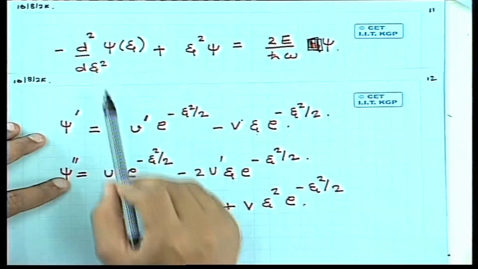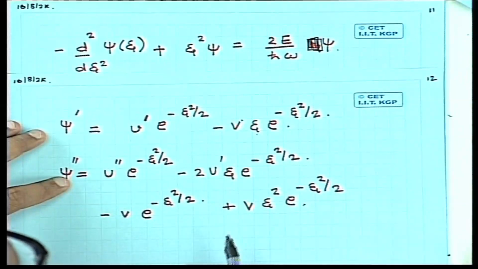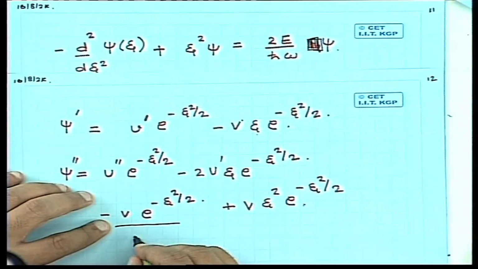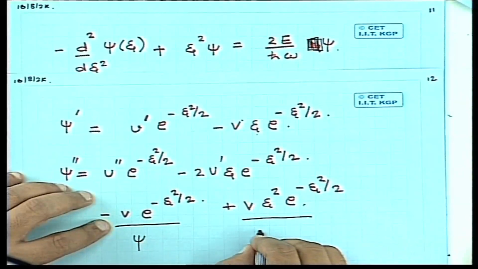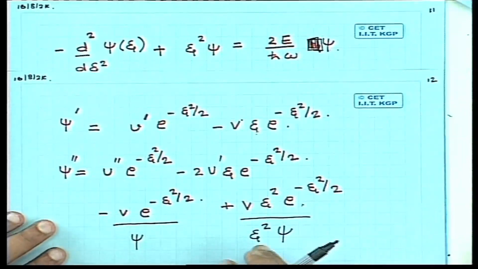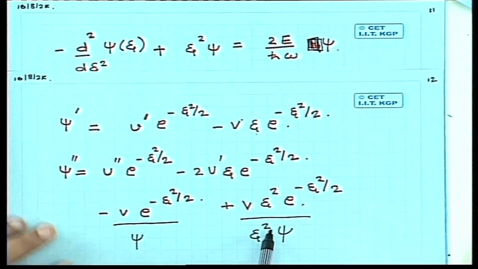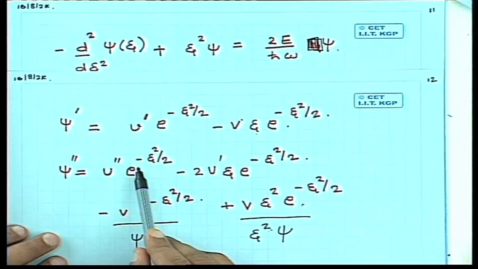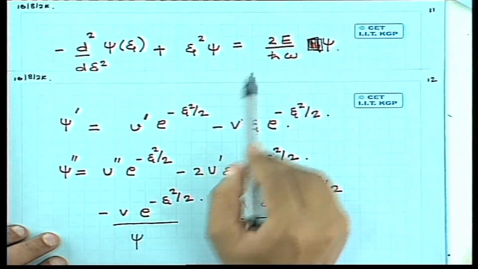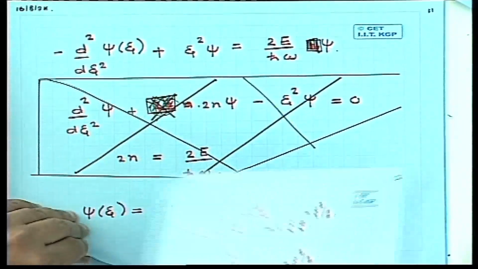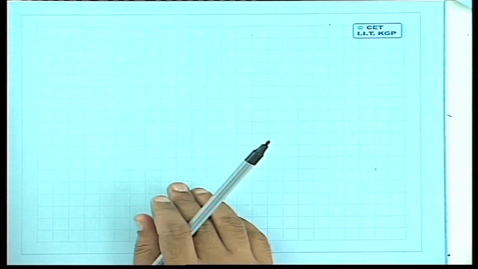We find that this term over here is just equal to xi square psi. This term is xi square psi. So this term cancels out with this term, and what we have left are 1, 2, 3, and we have left this term over here. So let me write down the equation which remains after we make this substitution.